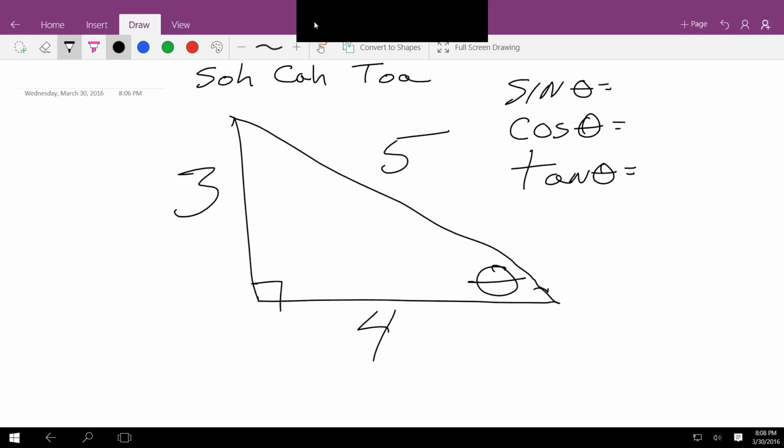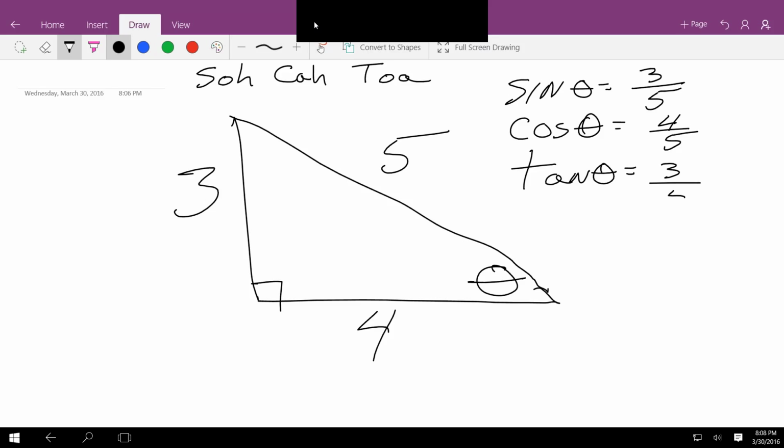What side is opposite that angle? 3. Right, so that's the opposite side. The hypotenuse is 5. Yeah, 3/5. Cosine of theta is what? 4/5. And tangent of theta is what? Tangent would be OA, so it'd be 3/4.